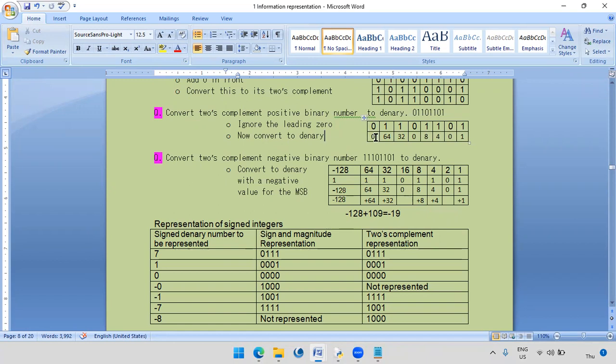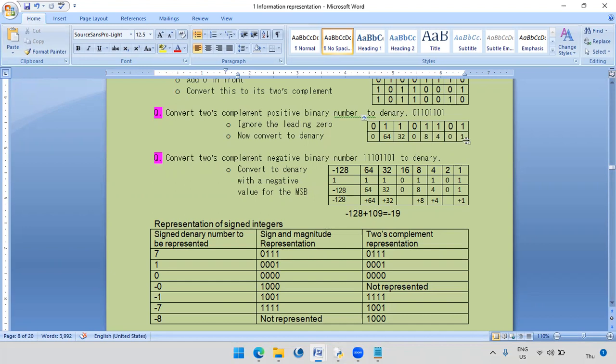Now convert to denary. So 64, 32, 8, 4, and 1. When you add up, you get the total. 64 and 32 is 96, 104, 108, and 109. That is 109.